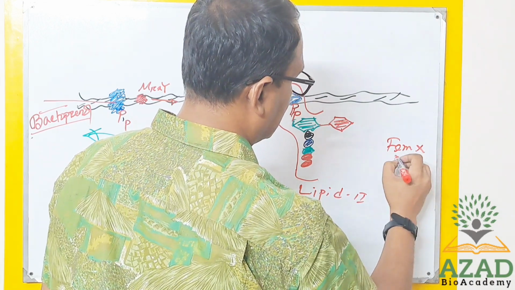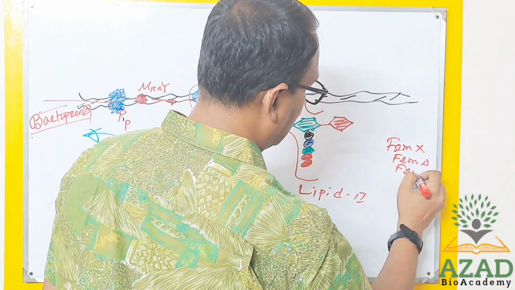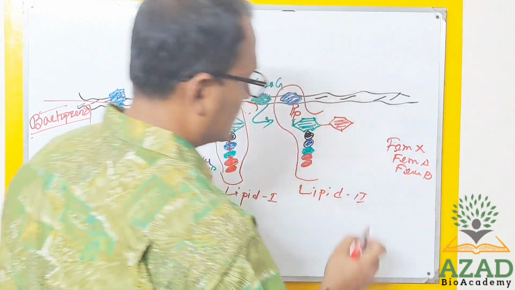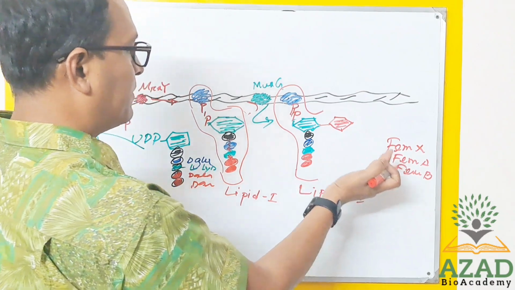FemX, FemA, FemB. The function of those enzymes is to add glycine.